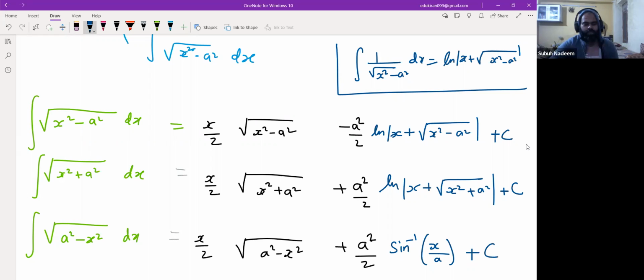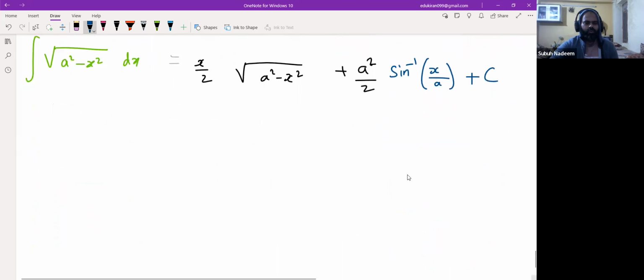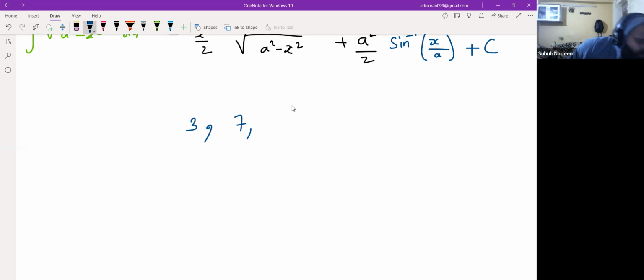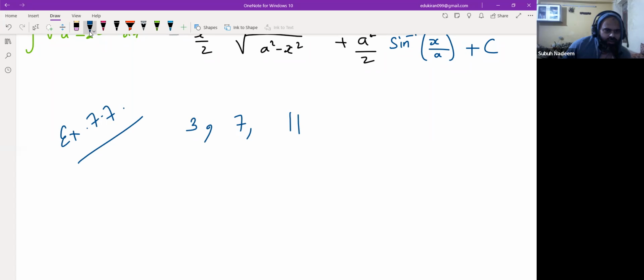So three questions I want you to do and try to complete them, because this is the nutshell of what we have been doing. It is a mixture of many exercises. Last exercise of indefinite integrals. So this is 3, 7, not 7. Let us do, yeah, 7, fine. And 11, these three.